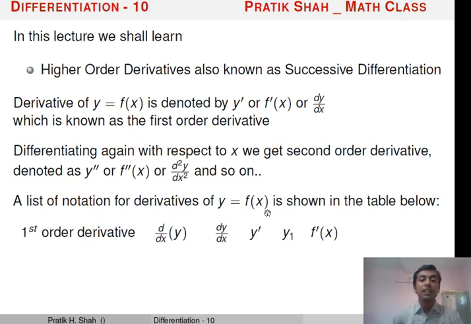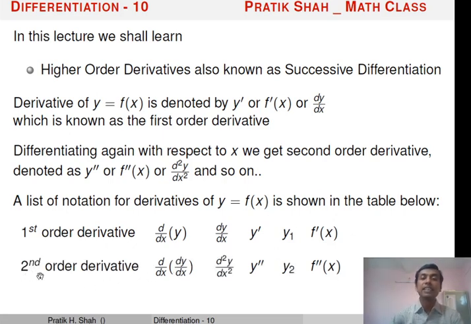Now if we differentiate this one more time with respect to x, then we get the second order derivatives. This was the first order derivative, and if we are differentiating again with respect to x, it means d by dx of dy by dx. This was first derivative, we are differentiating this again with respect to x.